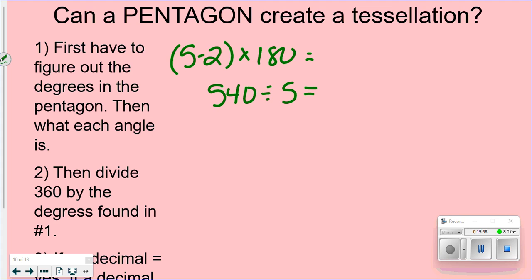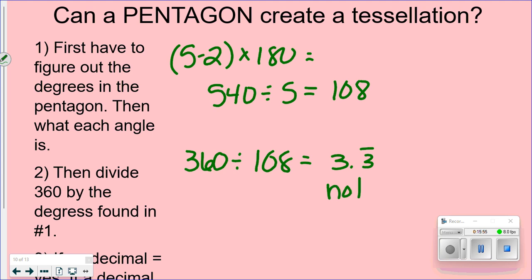And I get 108. And then I'm going to take 360 divided by 108. And it is 3.3. So it does not tessellate because it doesn't come out as an even number. If it would come out as an even number, then it would be able to tessellate.